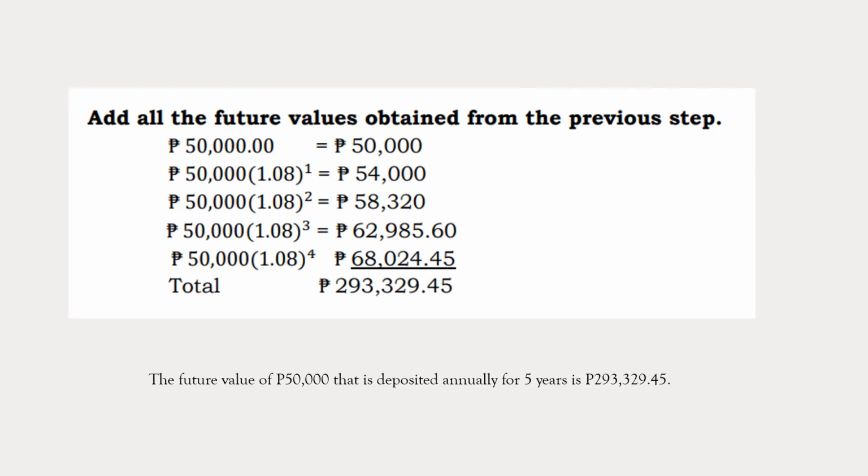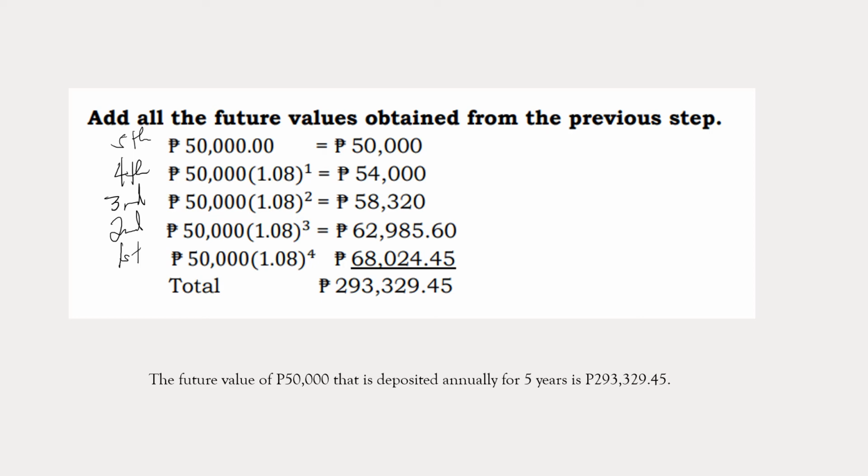Moving on, adding all the future values obtained from the previous step, we have on the 5th year, ito ay ka-5th year. Ito yung first, second, third, fourth, and 5th. In the first year, it has 68,024 pesos and 45 centavo.